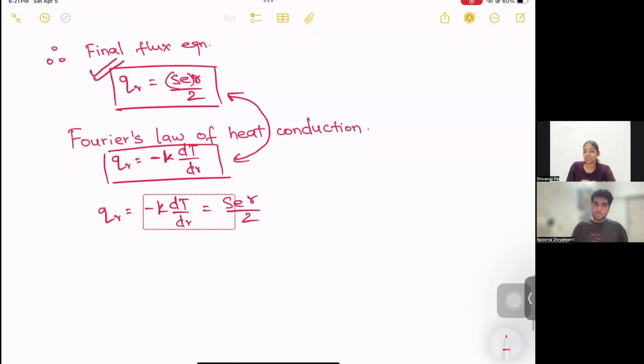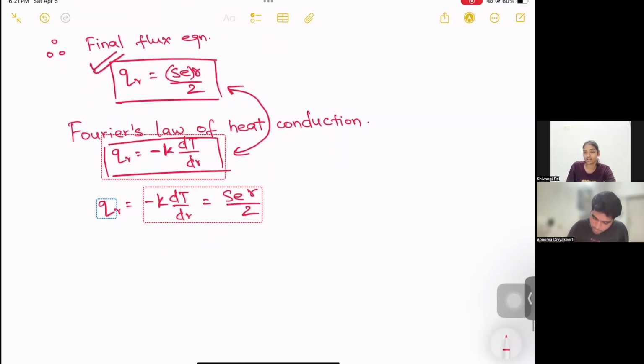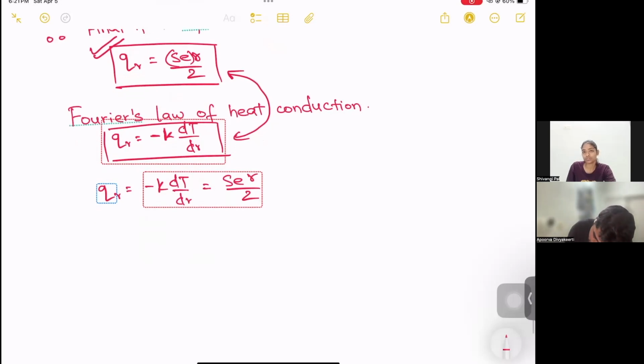Now we will be solving this equation. We will be arranging some terms here and there. We will be integrating it to get our final temperature profile.